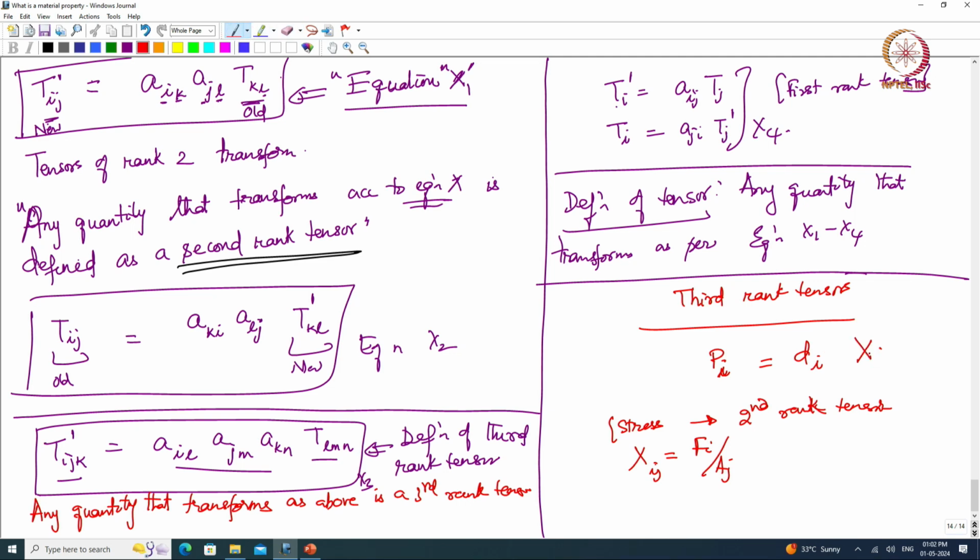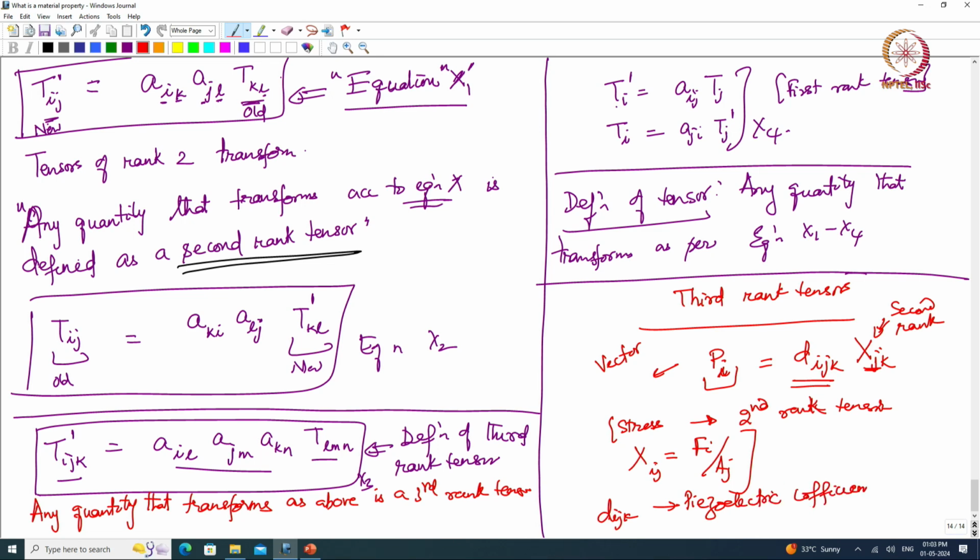So, my stress will have indices of jk, okay. So, dijk, right. This is a third rank tensor, right. So, dijk is a third rank tensor, stress is a second rank tensor, polarization is a first rank tensor or a vector, and so dijk, which is my piezoelectric coefficient, is a third rank tensor.